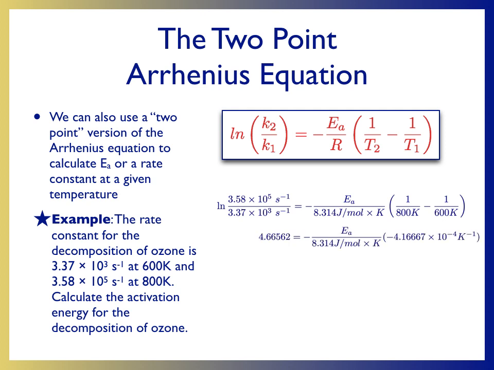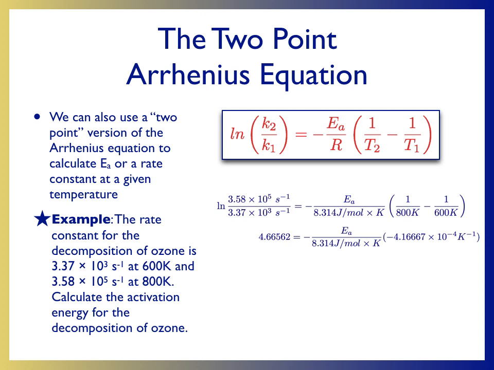The next step shows that we take the natural log of the rate constant ratio, yielding a unitless quantity. We also take the difference between 1 over the temperature, which also gives us a value with units of inverse Kelvin. We now want to combine the difference between 1 over temperature with R by division.